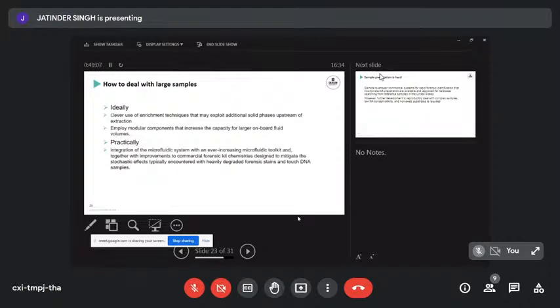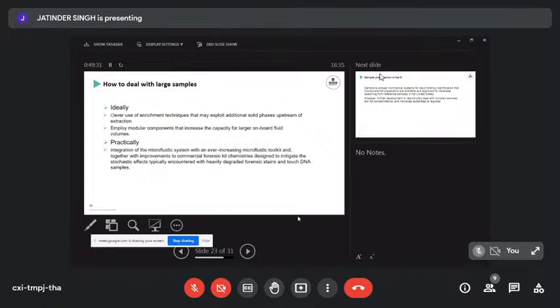So how to deal with large samples? Ideally, you've got some pre-concentration system in place that you can pass a lot of sample over and then only get a small amount into your microfluidic device. Or have some millifluidic systems to interface with your microfluidics, so that you have an interface to go from the milliliter scale to the nanoliter scale.